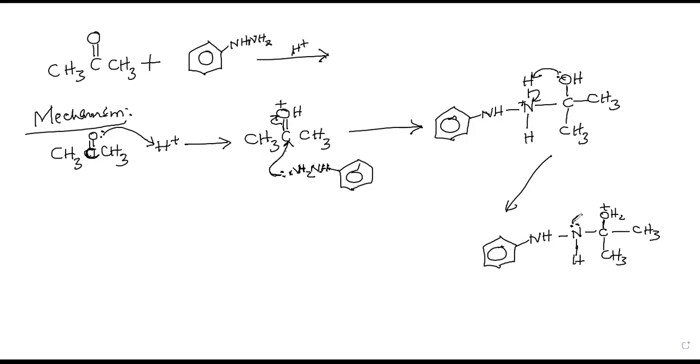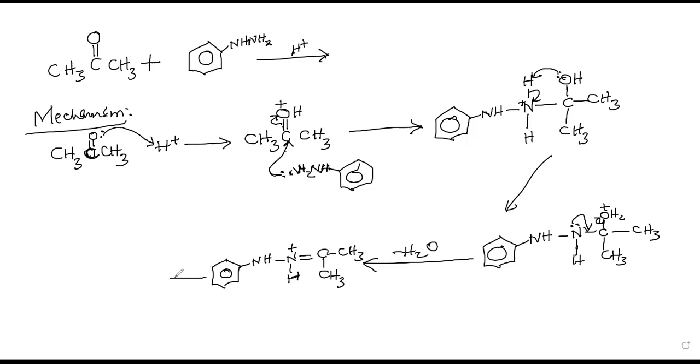So the lone pairs of nitrogen will create a double bond here as the water goes. So when water goes, it means we have lost water, so we shall form NH, N with a plus because it lost electrons, then with H, double bond has been created there, then C, then CH3, then CH3.